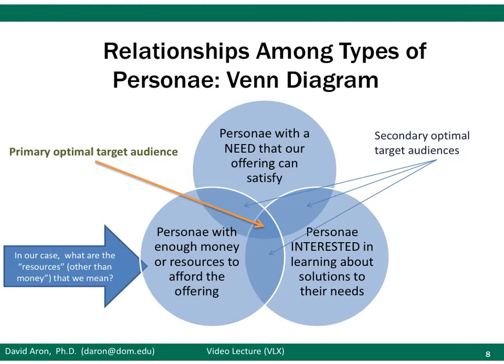Just as if we were talking about money, one of the challenges might be to help the customer find money, help the customer finance the offering. So that should indicate to you why somebody that has just a combination of two as opposed to a combination of all three is in the secondary audience: it simply takes more resources to make the match between what we offer and what the customer wants, compared to if all three of the circles overlap.